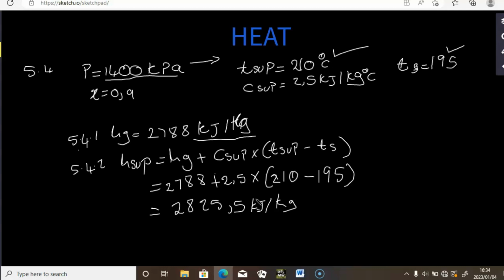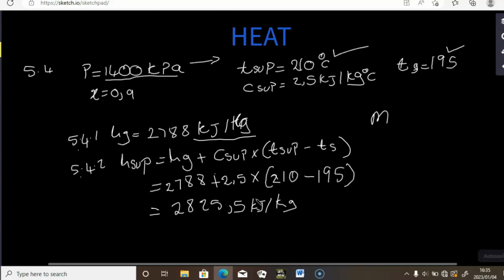The values on the steam table are for a mass of 1 kg. That is why our answer here is also in kilojoules per kg. But remember, in question 5.4.2 we are to calculate the required enthalpy to change 2 kg.